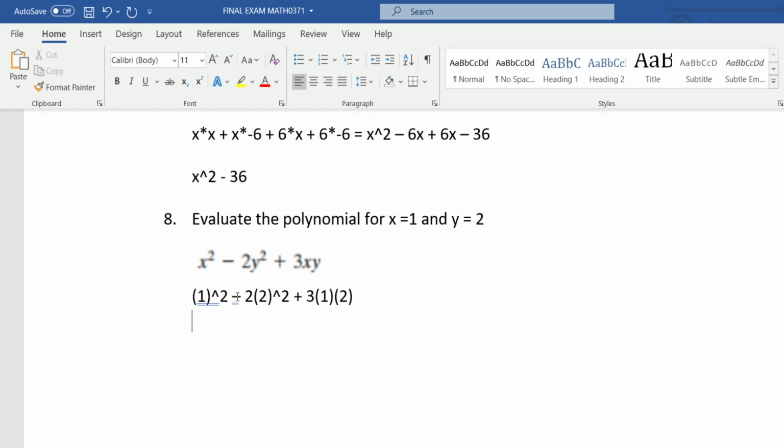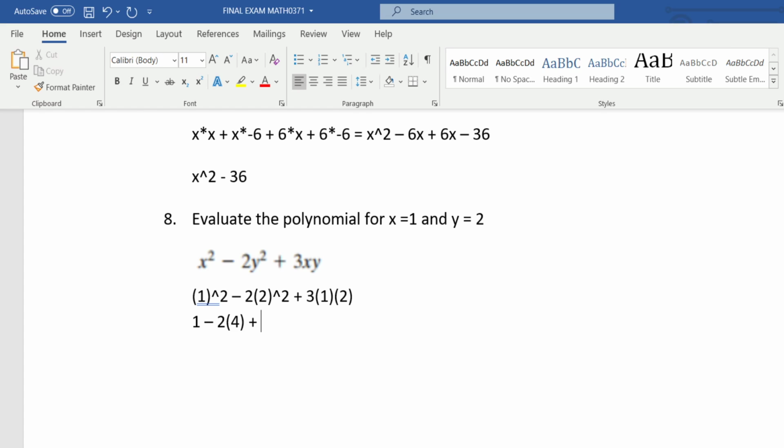So 1 squared, that's 1 times 1 is 1, so it's still 1. And then here we have 2 times 2 squared, so we have to do PEMDAS, so order of operations. So exponents comes first, so we're going to do 2 squared. So 2 squared is 4, so we're going to have 2 times 4. And then we're going to have 3 times 1 times 2, so 3 times 1 is 3.